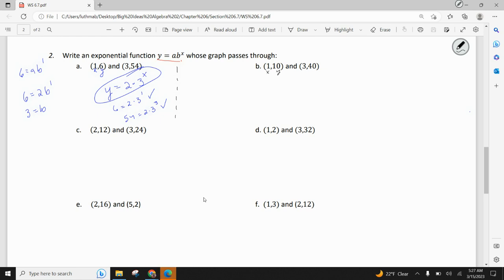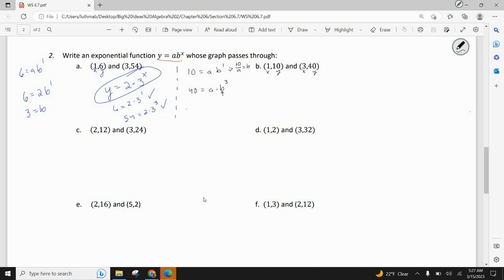So if I use x comma y, I'll go 10 equals a b to the first. And then if I go x comma y, I'll go 40 equals a b to the third. And then we'll start along the same process that we started before. I'll make this 10 over a equals b, because b is the first.